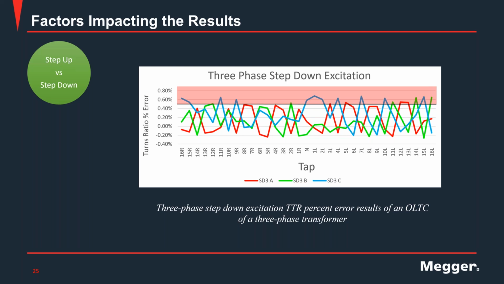And if we look towards the end, at taps 14, 15L, and 16L, taps from phase A and phase B are also outside the limit. Is this transformer showing some damage?